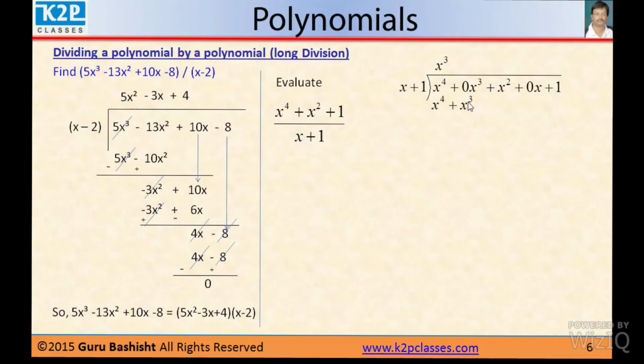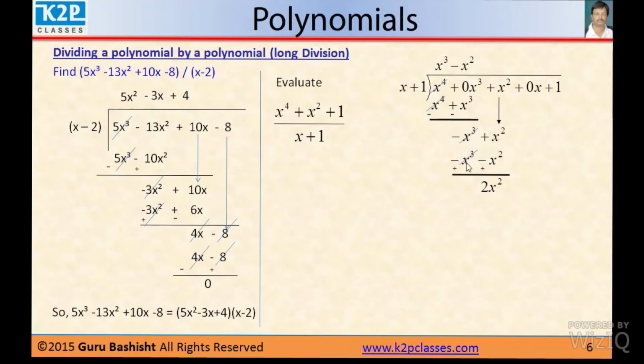So now to get x cube here, we have to multiply here by minus x square, right? And this will come here. So then we multiply by x square, minus x square. We get minus x cube minus x square.